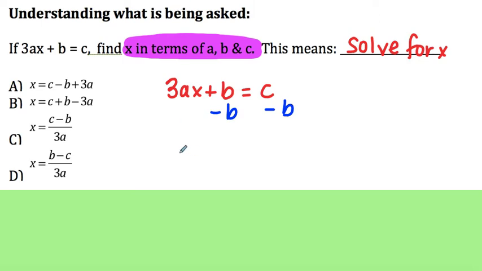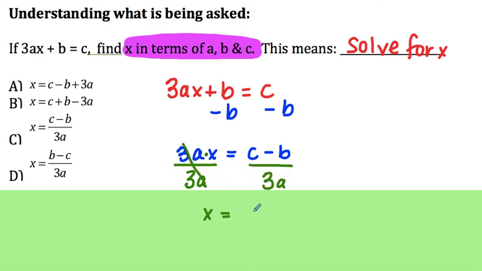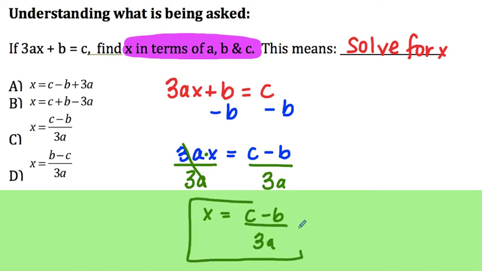You may notice that I rewrite that. So I have 3ax equals c minus b. Now 3a is being multiplied to x. To get rid of it, I divide both sides by 3a. So x equals c minus b over 3a. And there you've just solved a literal equation. Now we go to the multiple choice and find our answer. This is a very similar question to what you'd find on a standardized test.